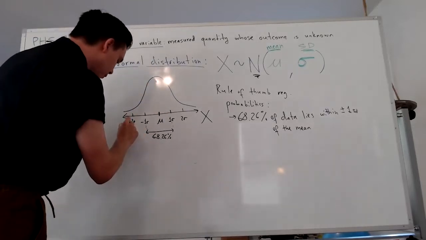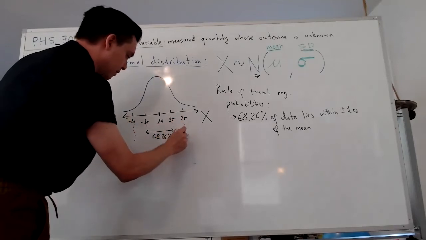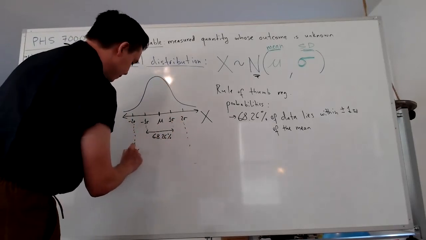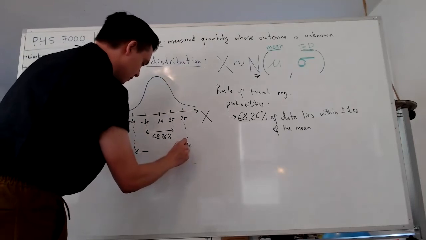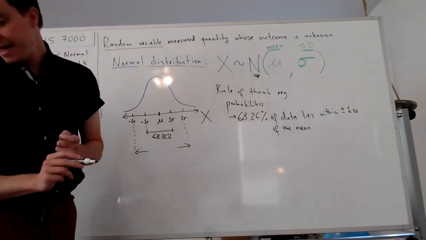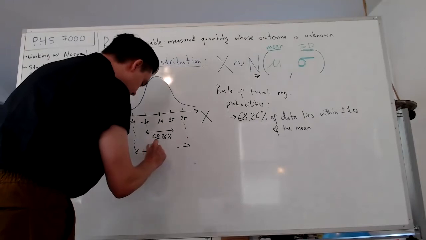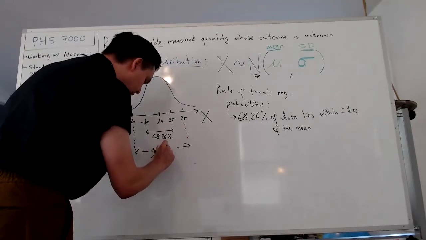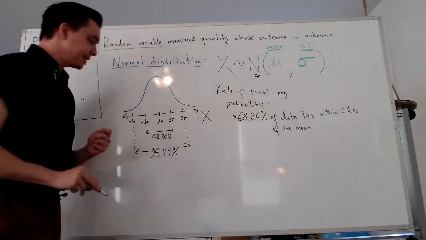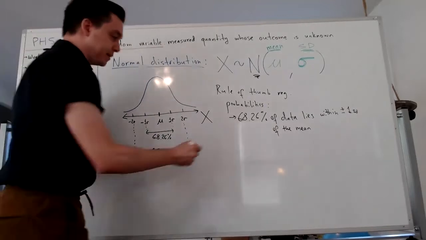Okay. The other one that is quite common is that 95.44% of the data are within 2 standard deviations of the mean.